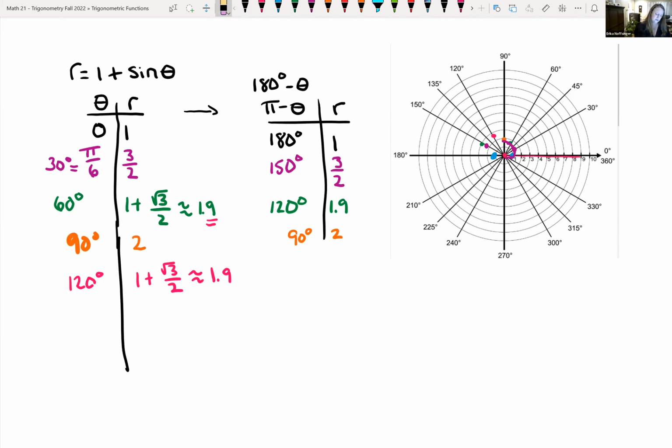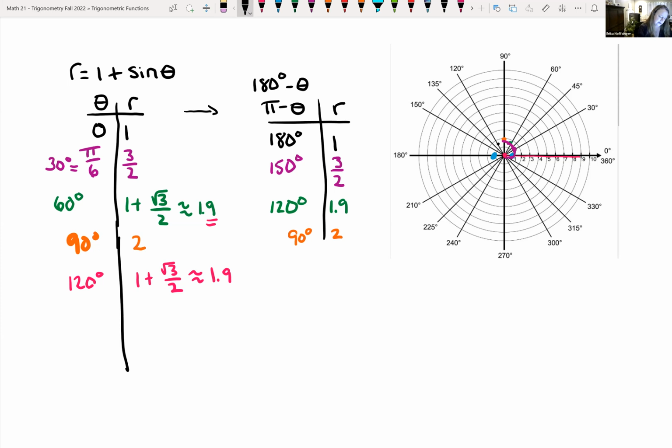And pi halves was 2. Things are a little off over here. I need to see this one line in here. Sorry about that. So that's 180 is 1, 150 is 3/2.